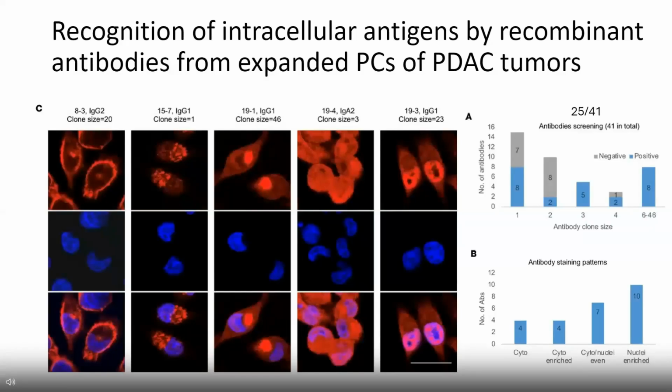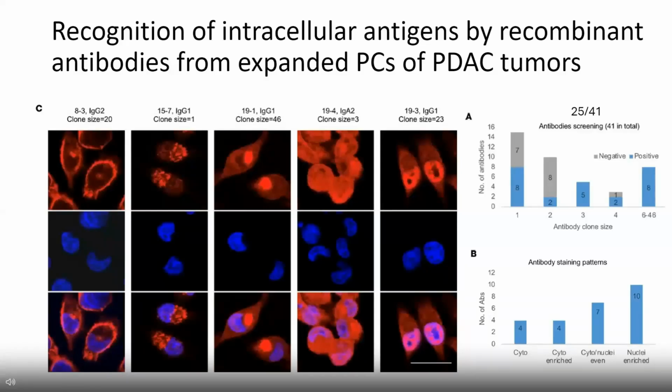If you look at the bar graph on the right, the bigger the clones are, the more likely they are to bind in the screening. When there are single clones or smaller clones, the positive ratio is lower, but even among single clones we detected that about half of the antibodies still show positive binding.